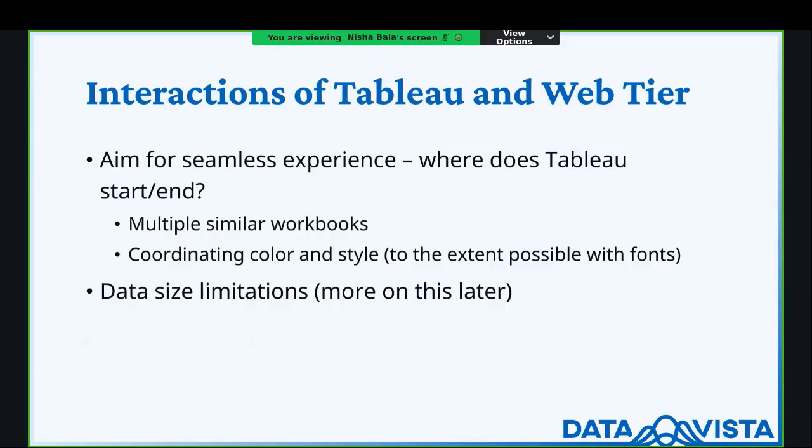And the second point we have on here is data size. The data set for DataVista is huge. To give folks a sense of that, the biggest workbook that we have has about 500 million rows of data, which is a lot.